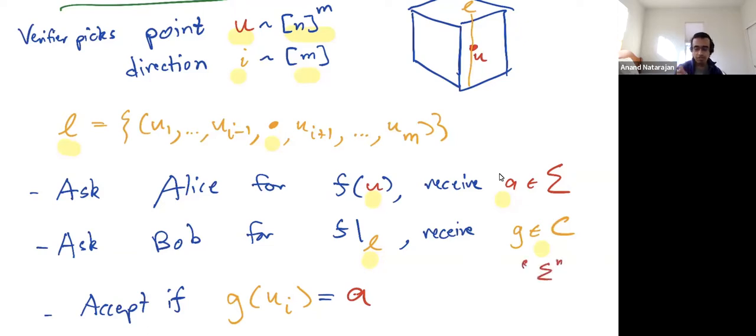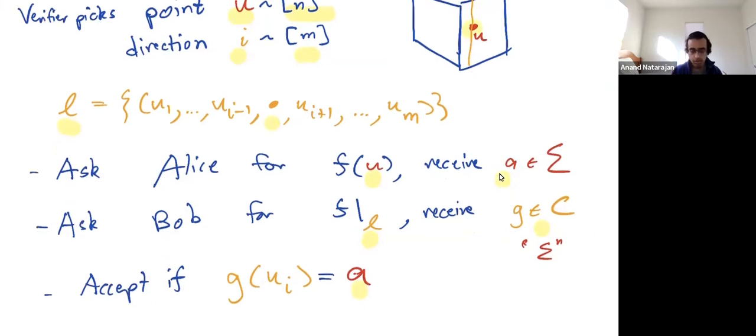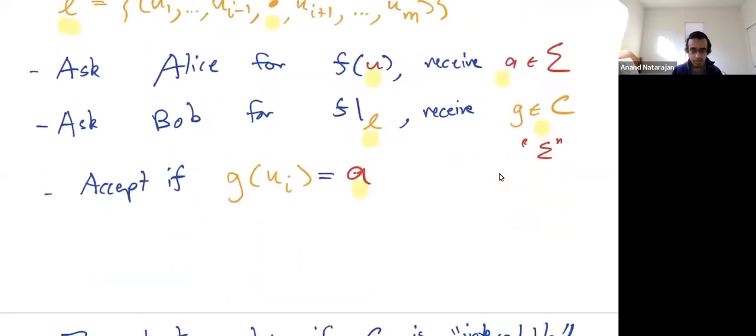And we'll stipulate that this function that Bob returns always has to be a valid code word of the base code. If it's not, we'll just automatically reject here, because if it's a tensor code, then that should be true. So then the final check we'll do is we'll check that Bob's function evaluated at the point U is equal to Alice's value. So it's a consistency check. If that's true, we'll accept. Okay, so that's the test.